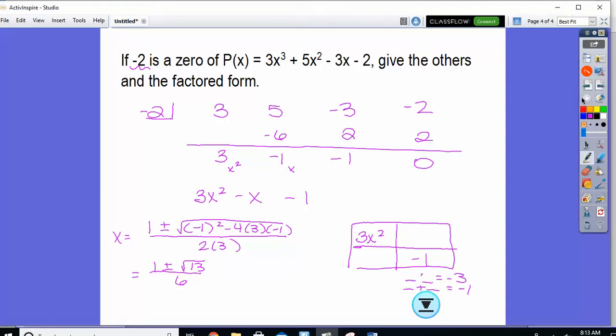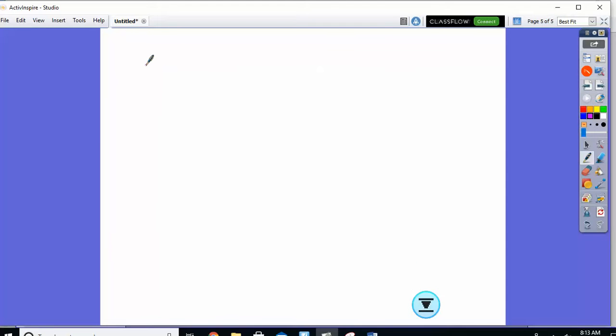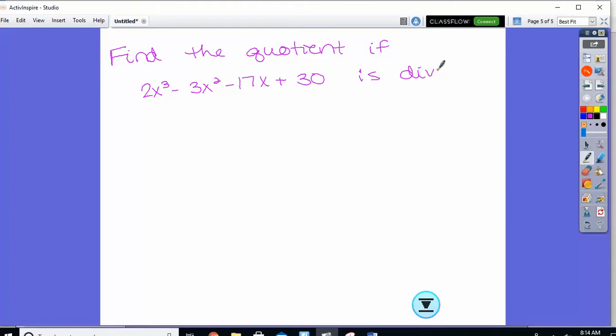Let's say I asked you to find the quotient when this is divided by x minus 2.